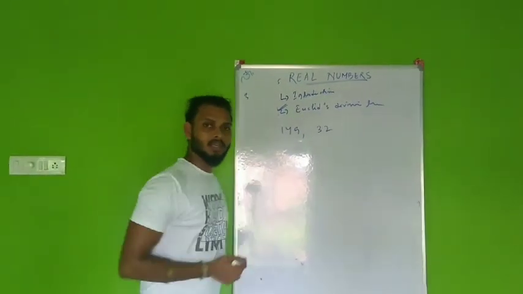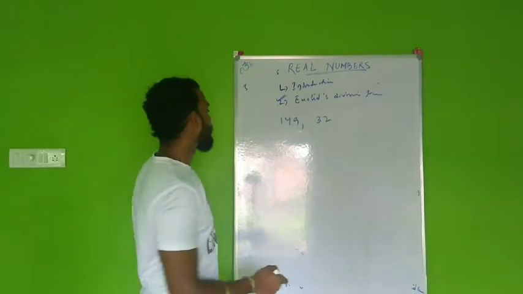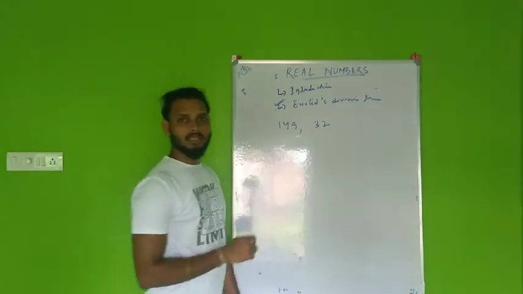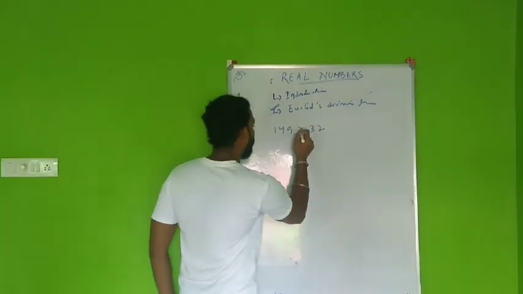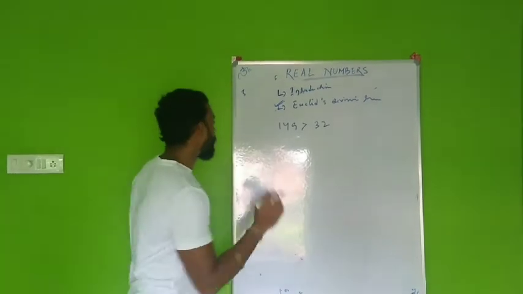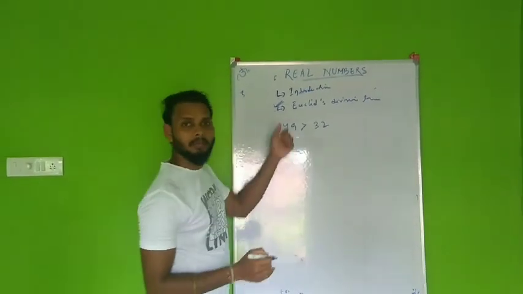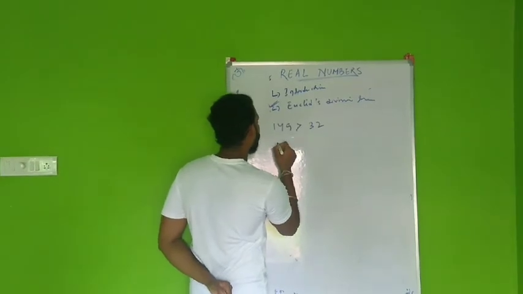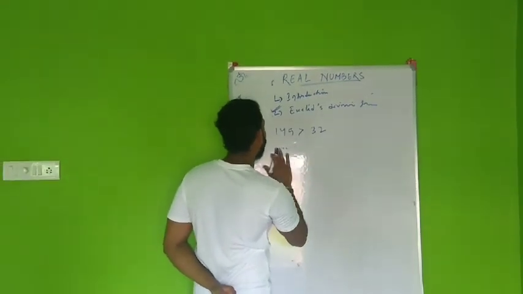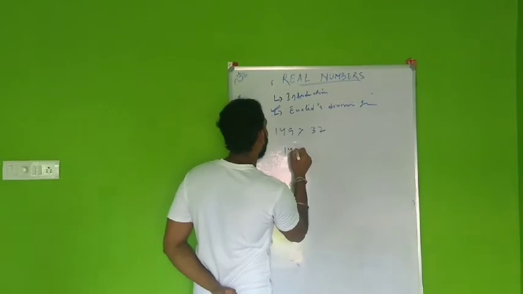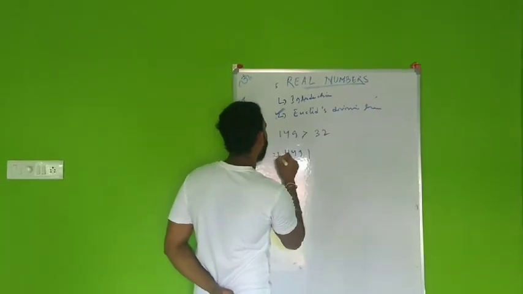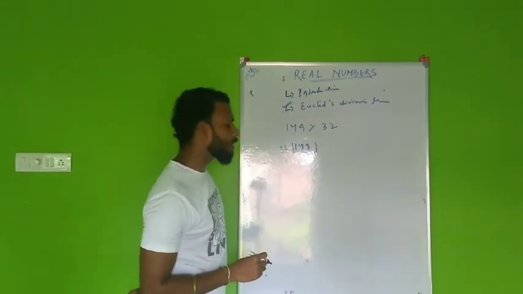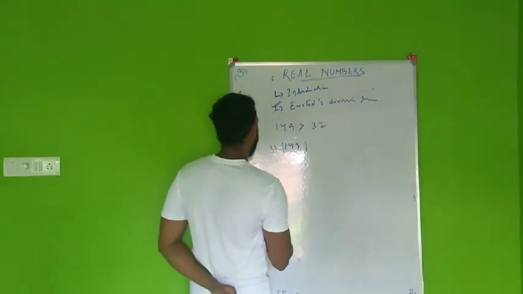First of all, I will see which one is greater and which one is lesser. Obviously 149 is greater than 32, so this will be my A and this will be my B. So what will I do? I will divide 149 by 32.